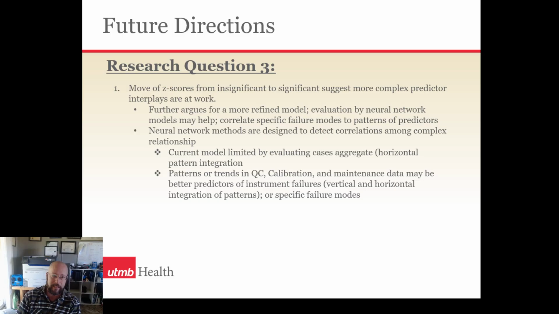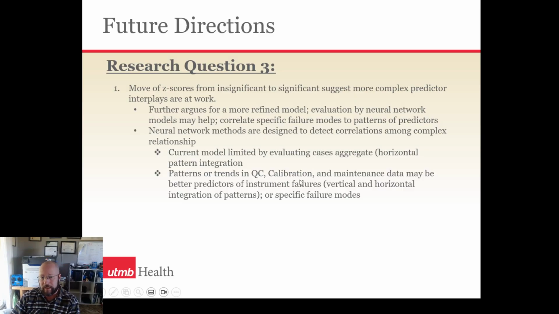So we used SPSS in a logistic regression framework. Think of AI models as taking that to a power of 10 or a power of 100 or more, right? So we don't have the computational power in SPSS, at least the version of SPSS that we used, to detect some of these complex correlations, and AI is just custom built for that.